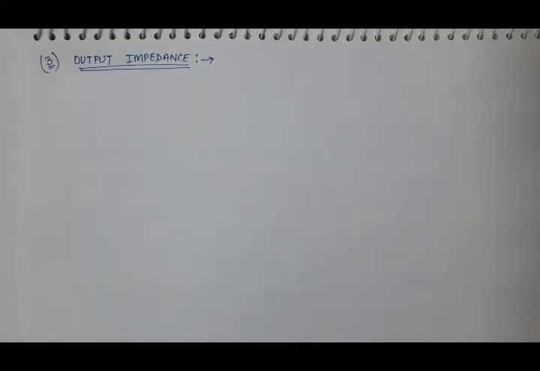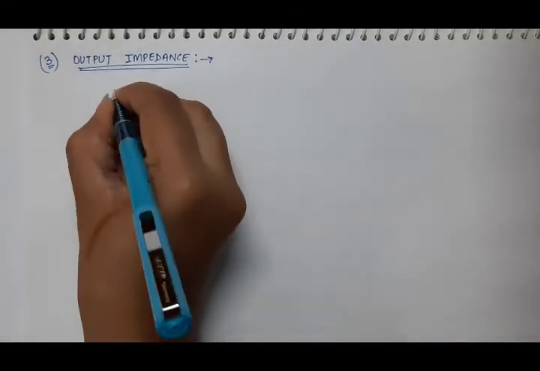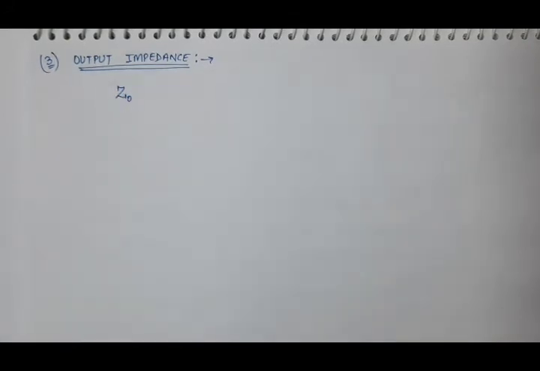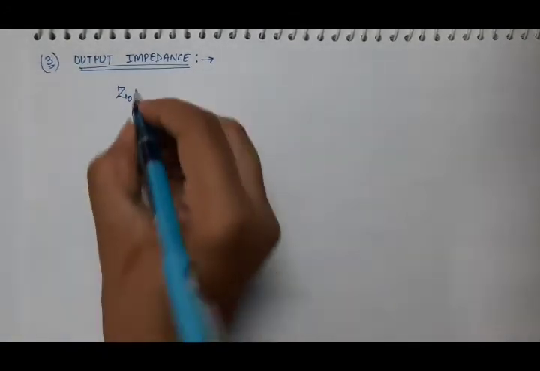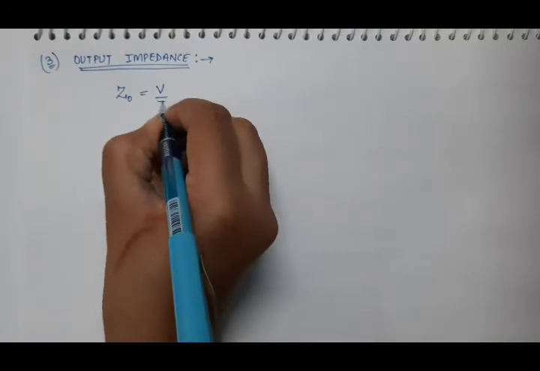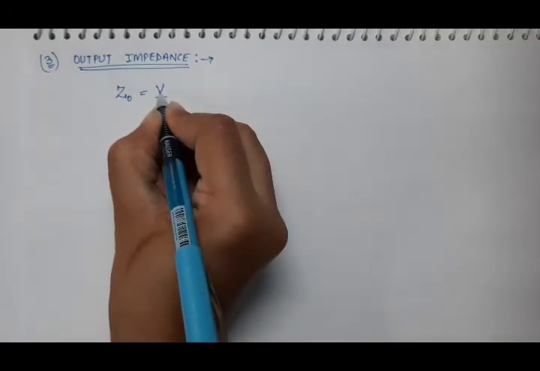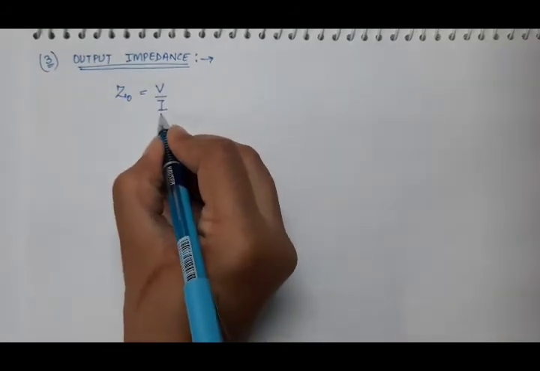Now we'll derive the expression for output impedance without feedback and output impedance with feedback. We know that output impedance decreases on applying negative feedback. So output impedance without feedback, suppose it is Z0, is equal to V by I, where V is the open circuit voltage and I is the short circuit current.